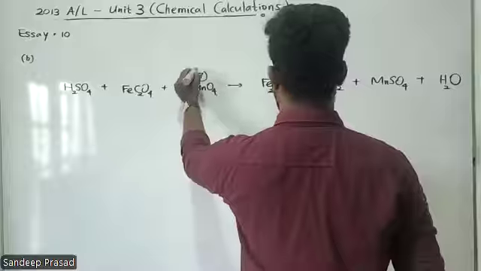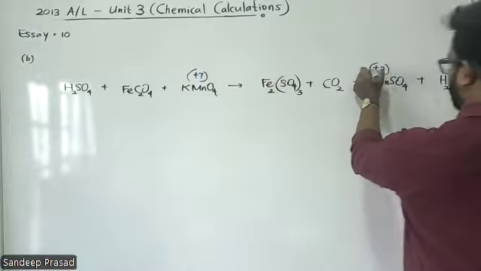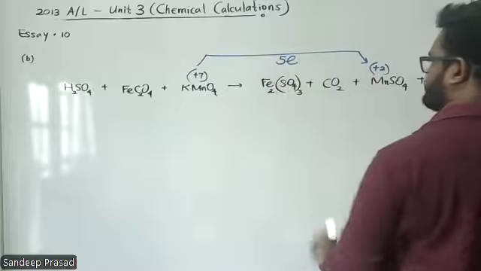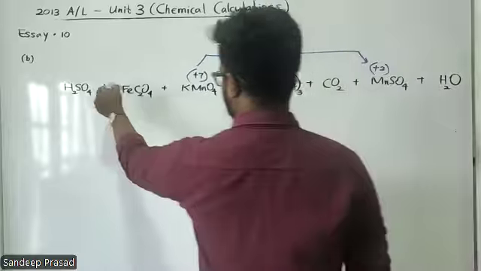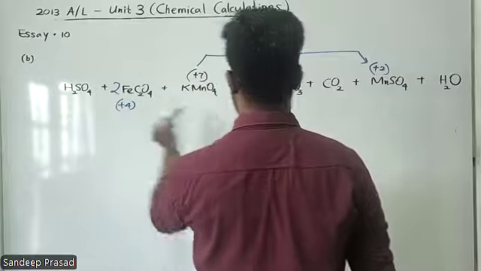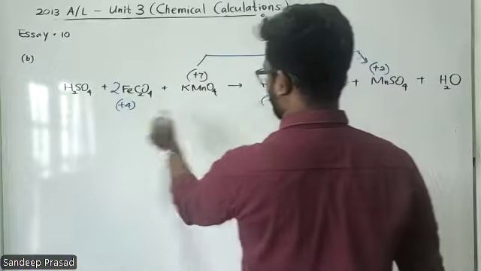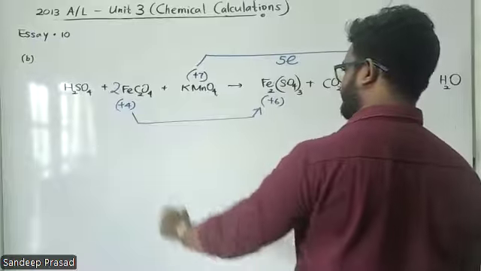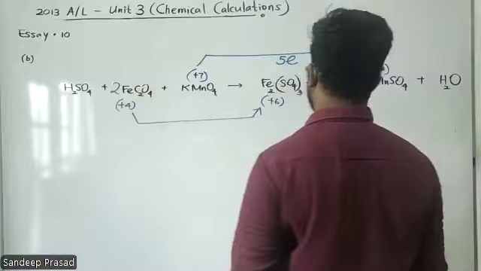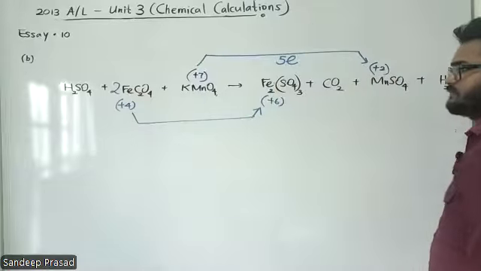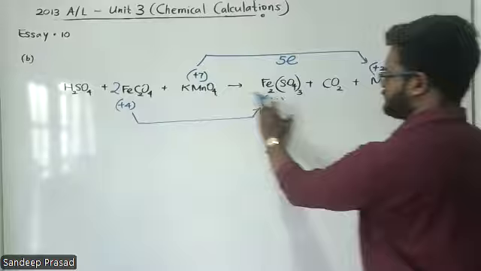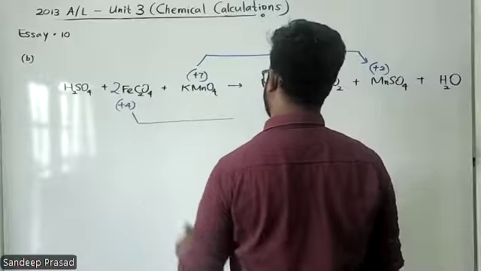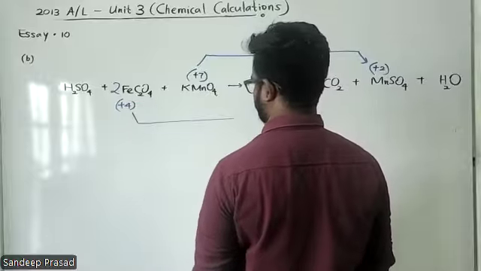Manganese plus 7 here, plus 2. Plus 7 to plus 2, you can see that the decrement is 5 electrons. And here too, plus 4 to plus 6. Wait, you know that there are 4 carbon atoms here, right? Now, after balancing the iron atoms, we can't ignore the carbon, because carbon's oxidation number here is plus 3.